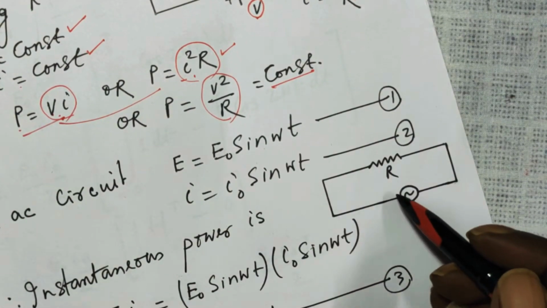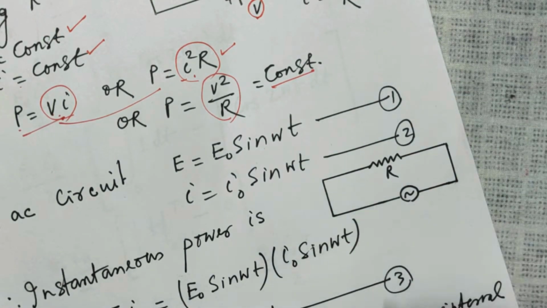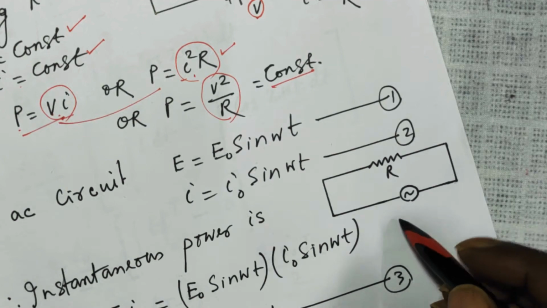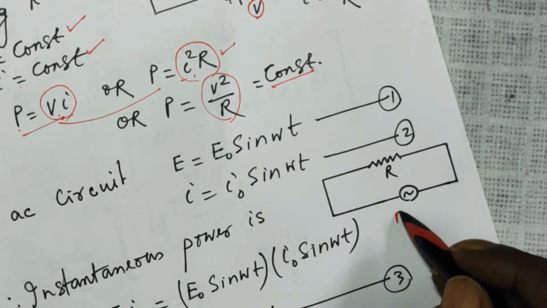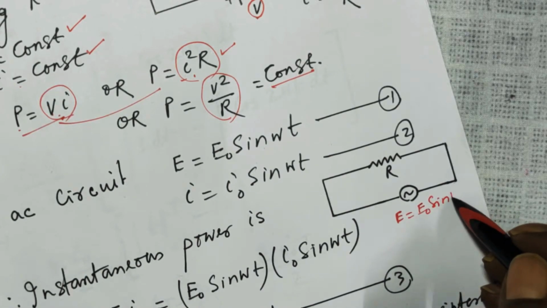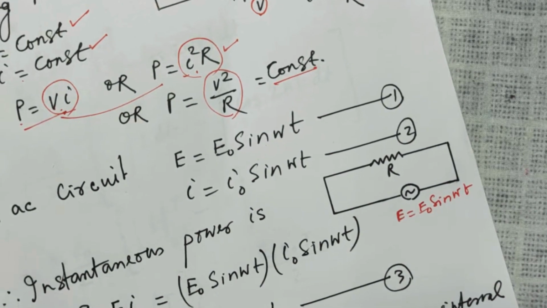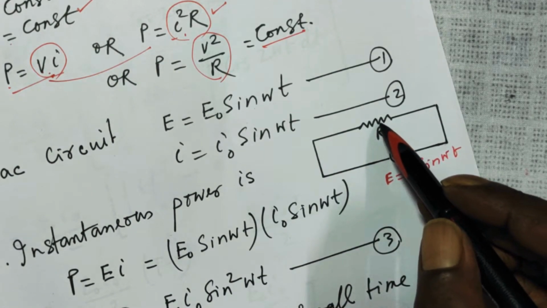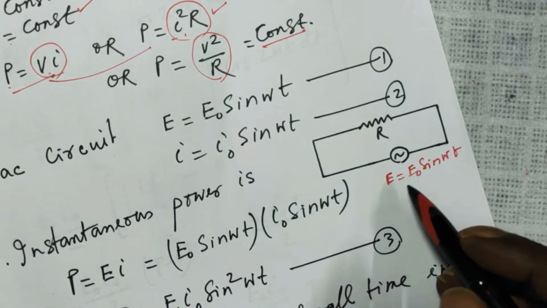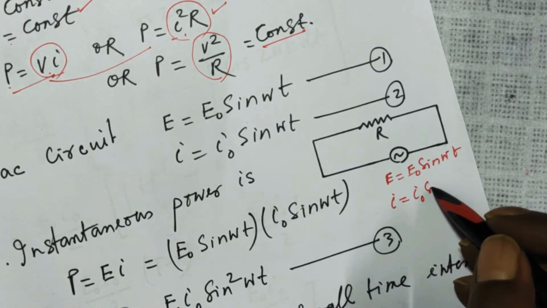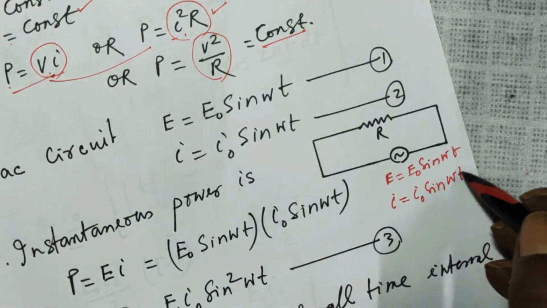Like in this diagram, थोड़ा जगह नहीं था, यहाँ बना लिया. Here is a resistance. Here is the alternating EMF, E is equal to E naught sine omega t. And previously we have derived, if a circuit contains only a resistance and alternating EMF, the current was I is equal to I naught sine omega t.